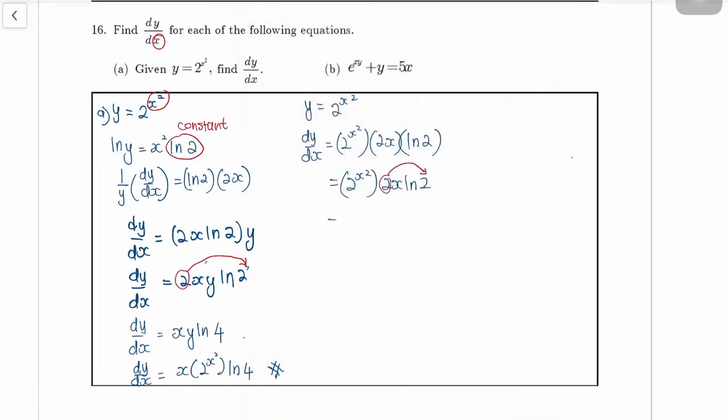So 2 to the power of x square times x ln 4. So just the same with the first method. So this one buat cara implicit, this one buat cara differentiate exponent lah, copy, differentiate, ln base tu. Okay, that is question A.